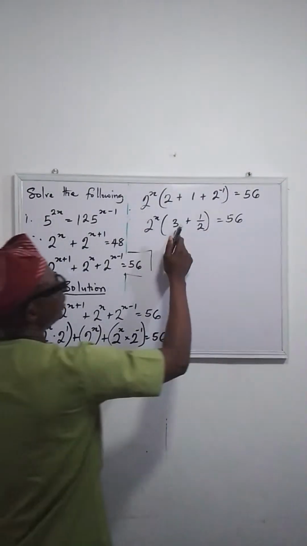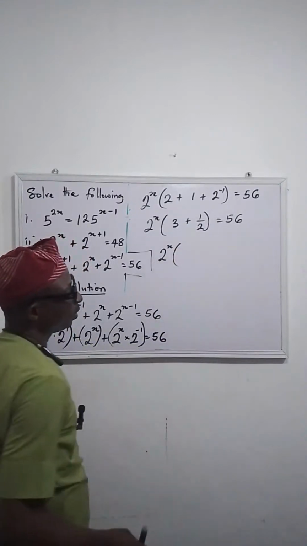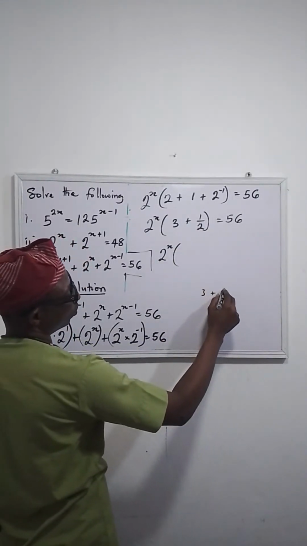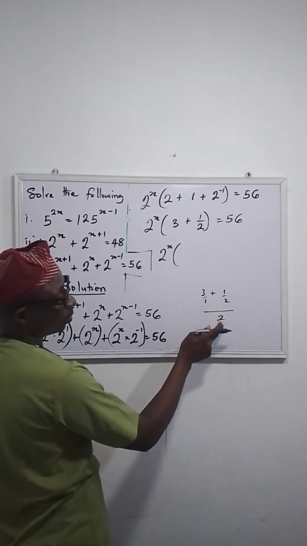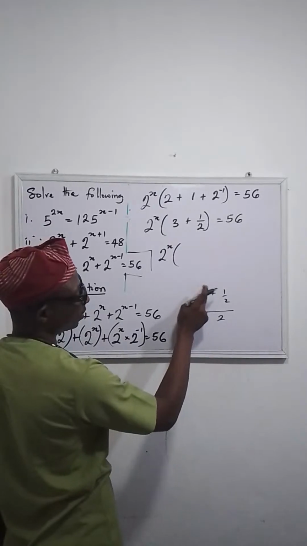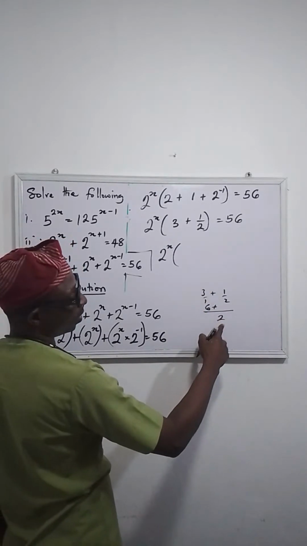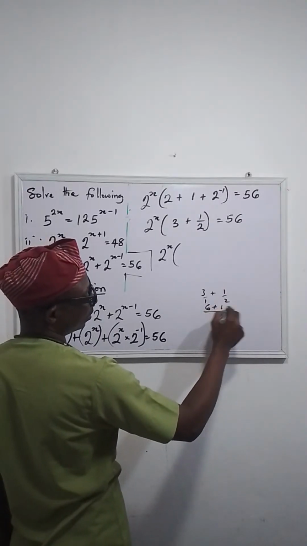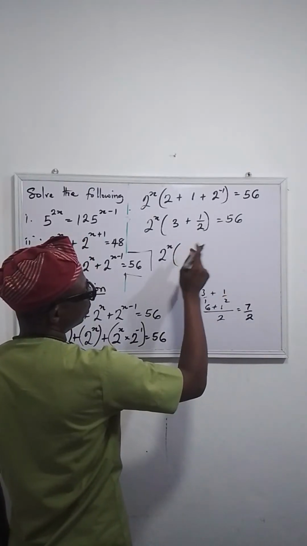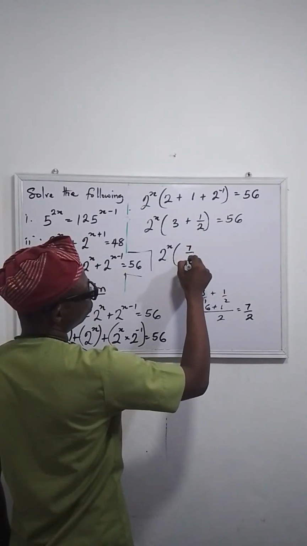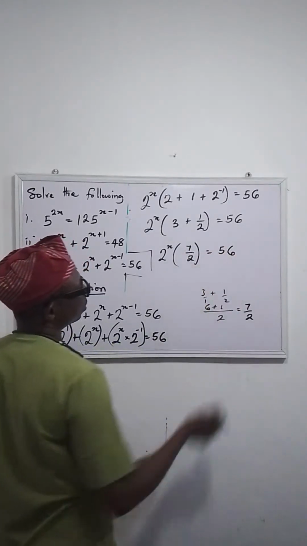So now let's add this and this together. 3 plus 1 over 2: we have 2, this is over 1. 1 goes into 2, that is 2. 2 times 3 is 6, plus 2 goes into 2, that's 1. 1 times 1 is 1. And that is 7 over 2. So what we have here now is 7 over 2 times 2 raised to the power of x, equals 56.